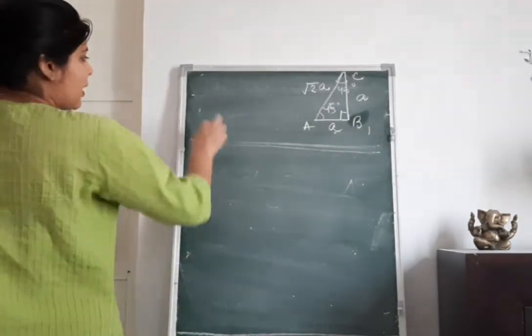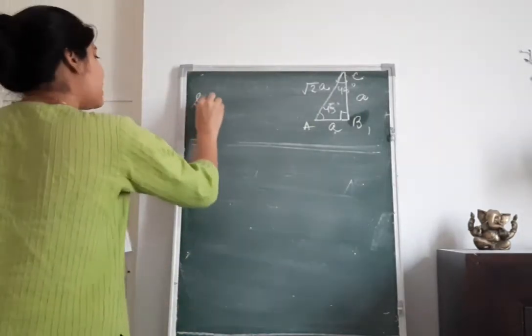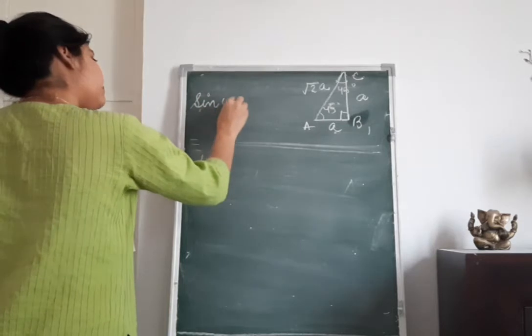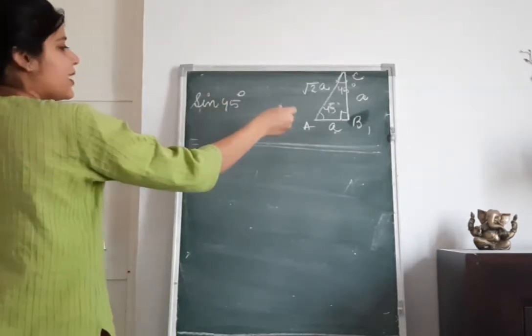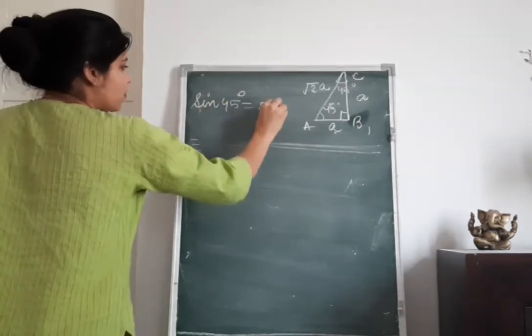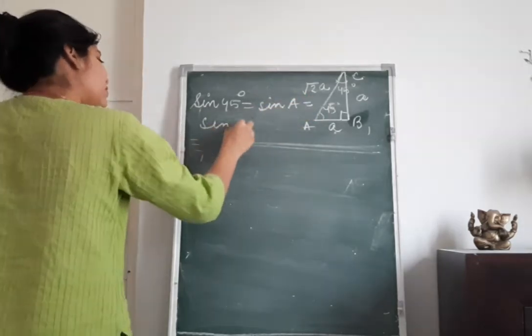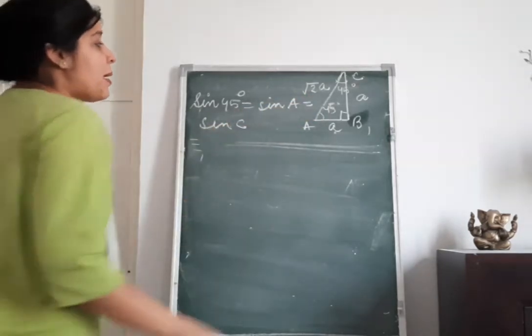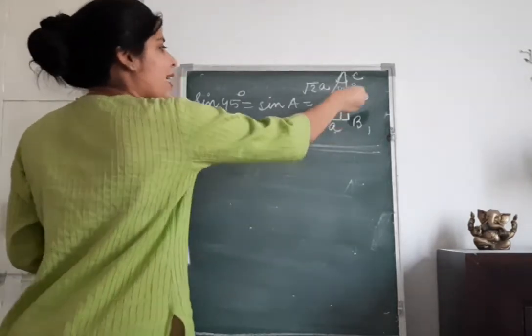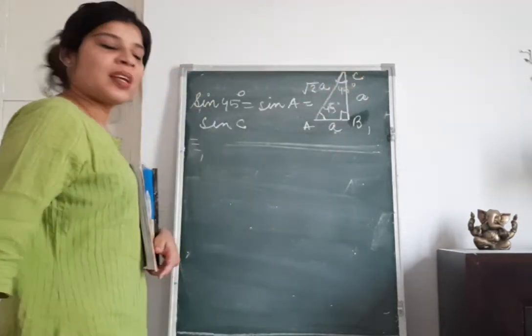Now see, if I have to find out sine 45 degree, or we can say let us try to find out sine A or sine C, that will be same in this case. Why sine A and sine C will be same? Because value of angle A and value of angle C are same.